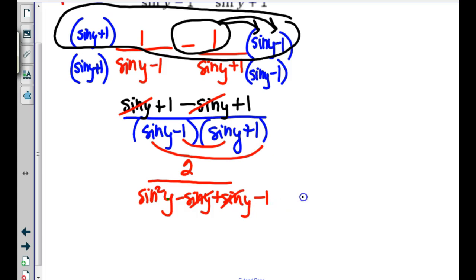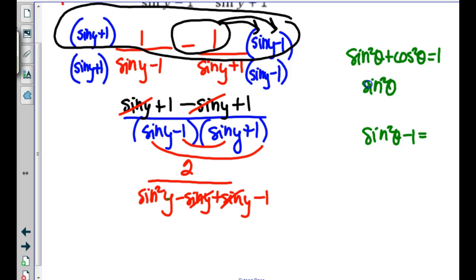Sine squared minus 1. What is a sine squared minus 1 equal to? Be careful. The identity says sine squared plus cosine squared equals 1. If I want it to be sine squared, subtract the 1 over to this side, what am I going to have to do with this guy?